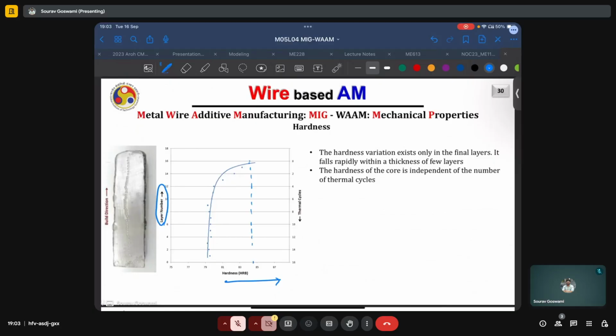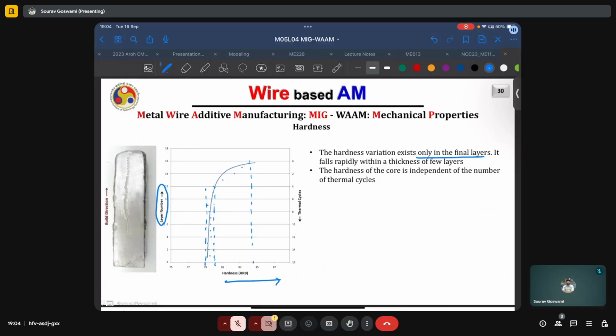Why does this happen? The hardness variation exists only in the final layers. It falls rapidly within a thickness of a few layers, and for the first 12 layers, it is almost within the same range. It is spread across a narrow range.